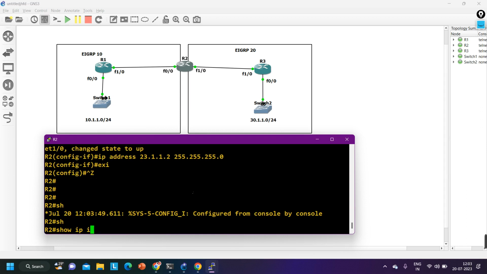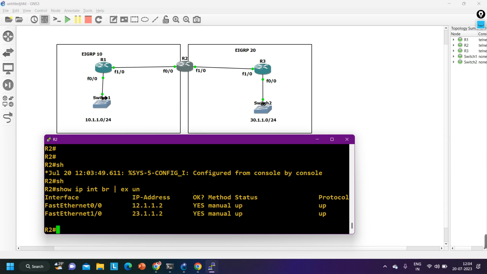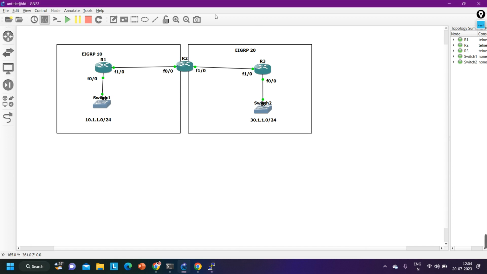So show IP interface brief, exclude unassigned. Done. Now let me configure IP on R3.